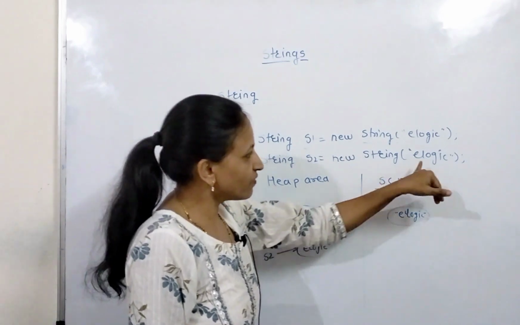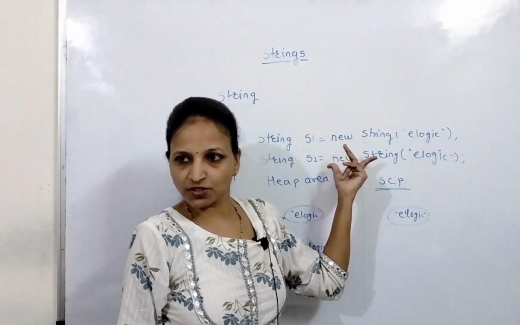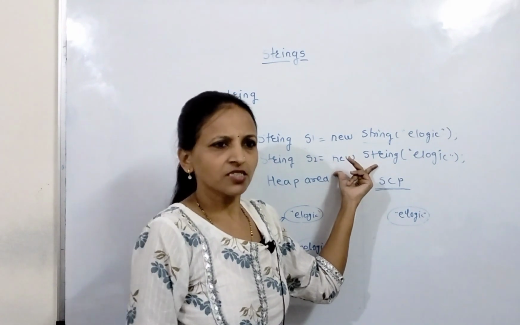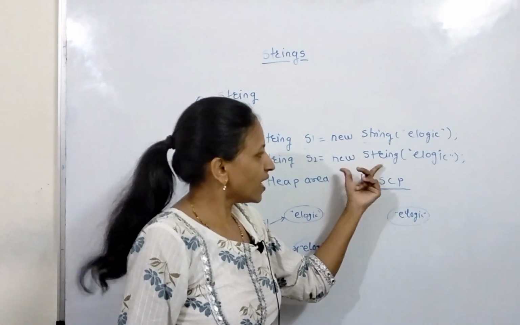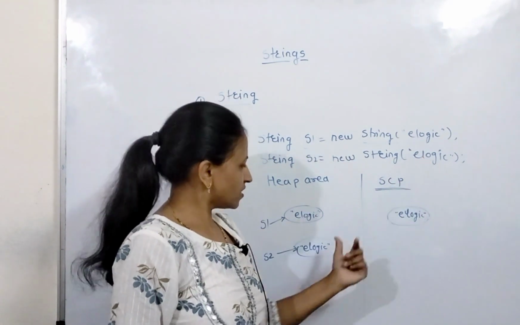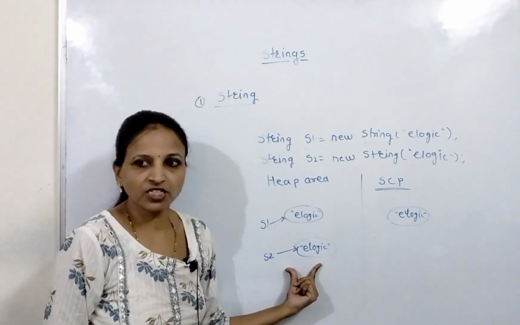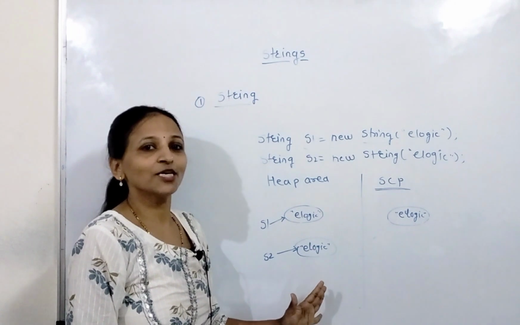But whenever we create an object using this format, where we are calling the parameterized constructor, the object will be created in the heap section first. It will not check whether an object is already present in the heap area.